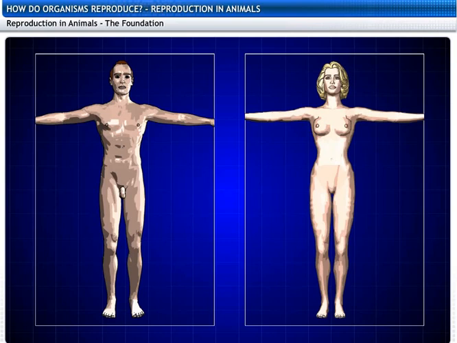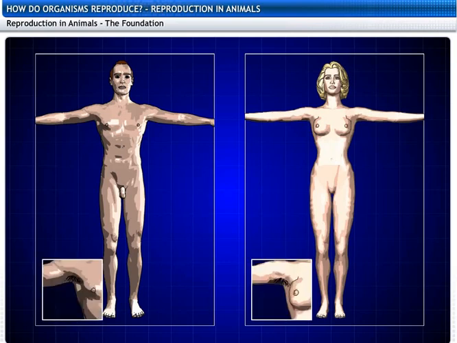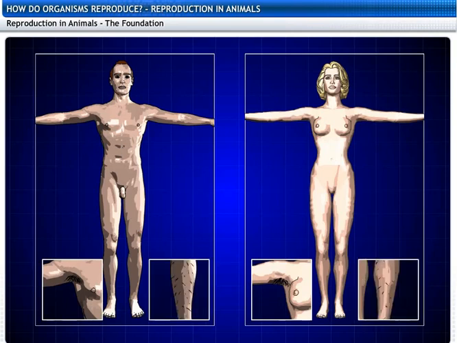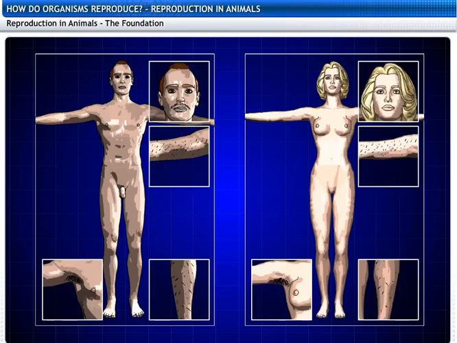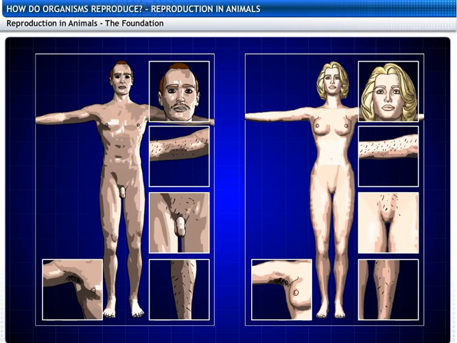During this phase, boys and girls will notice hair growth in certain parts of the body, such as armpits, legs, face, arms, and the genital areas.